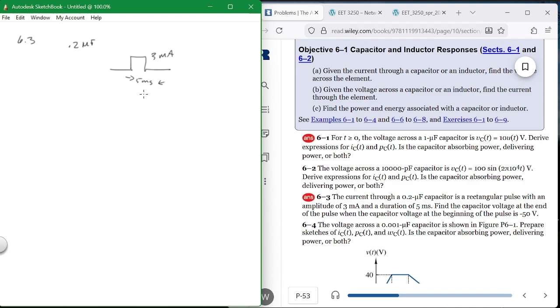All right, so what would that be? Well, if I equals C dV over dt, what would be V?